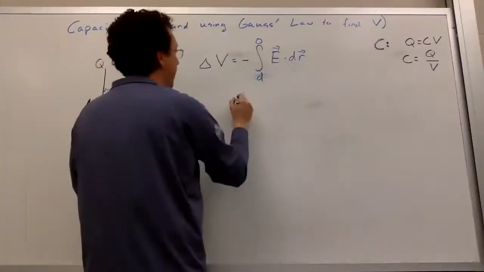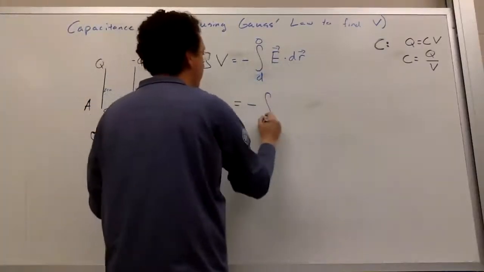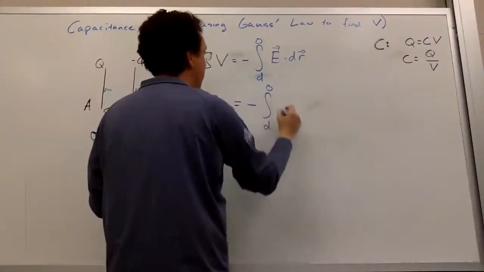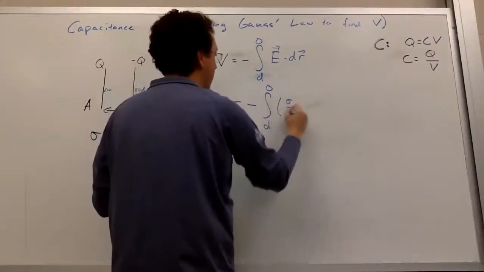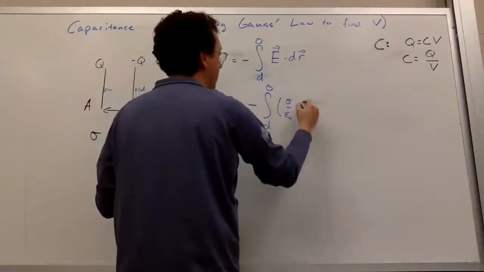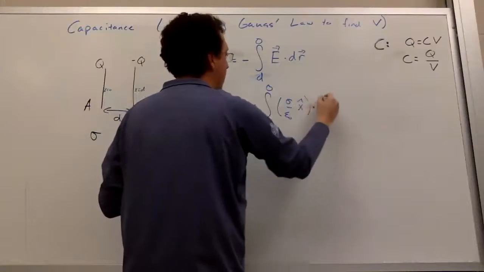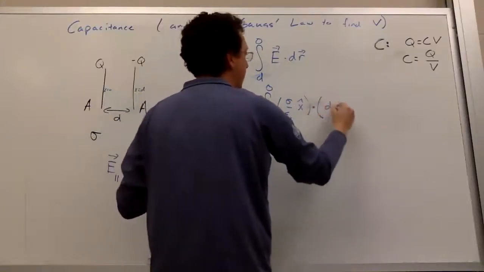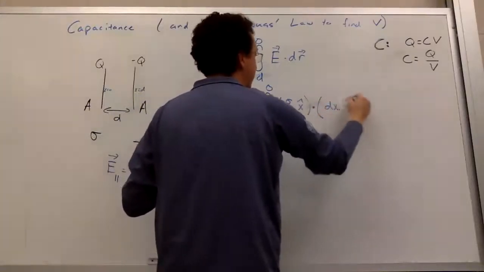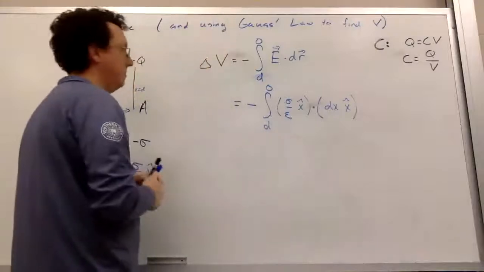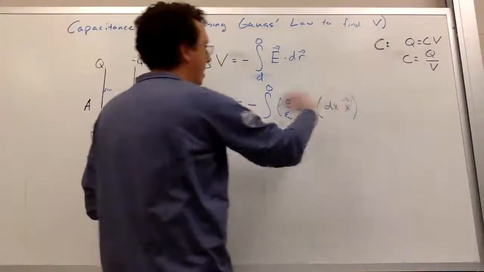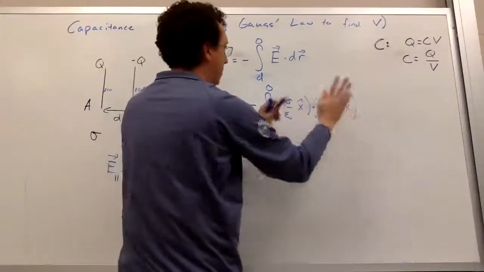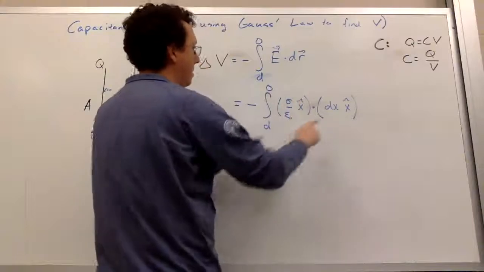So when I plug everything in here, I get minus the integral from d to 0 of sigma over epsilon naught x hat dotted with dx x hat. And the dot product is trivial, gives me a factor of 1.